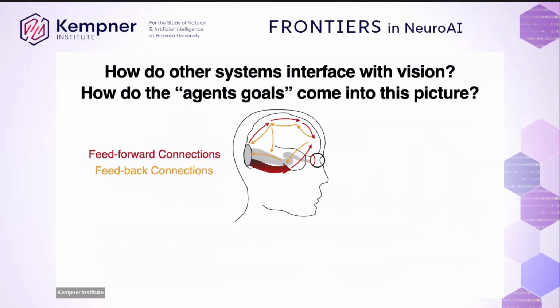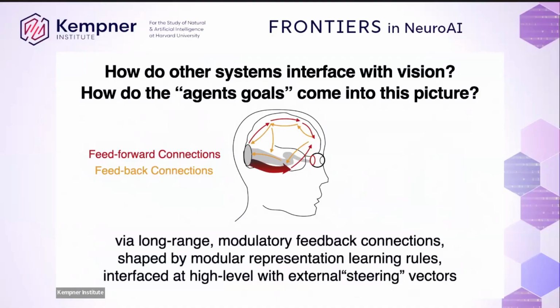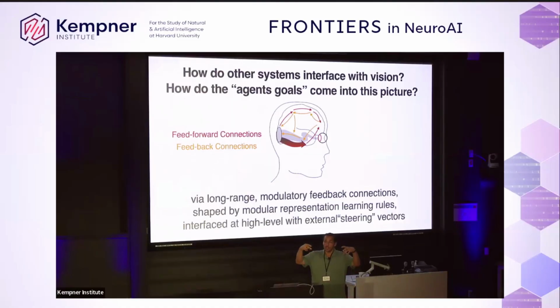Wrapping up. So how do these other systems interface with vision? How do your goals come into the picture? We already knew that it's got to be about these long-range modulatory connections. But what we learned from this study was that the nature of those feedback connections could be learned.